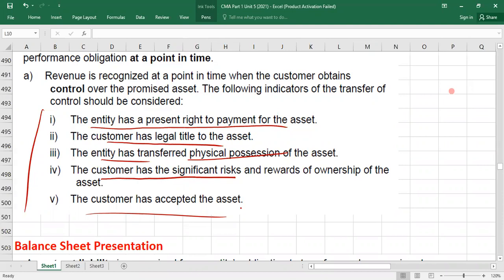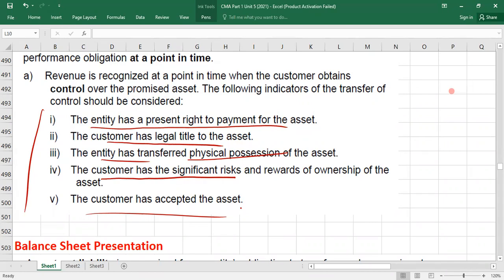When will you book the revenue? When our performance obligation is satisfied. Can I ask a question? You are in the airline industry. Customers bought the ticket in advance from you. At the time of purchase of tickets, can the airline book the revenue? No. Why not?